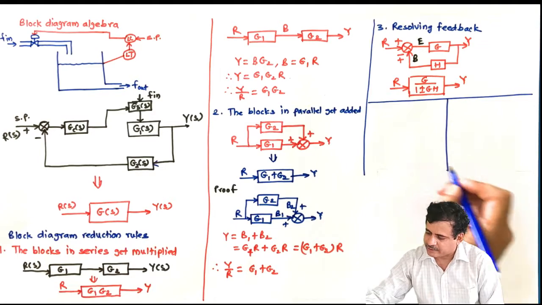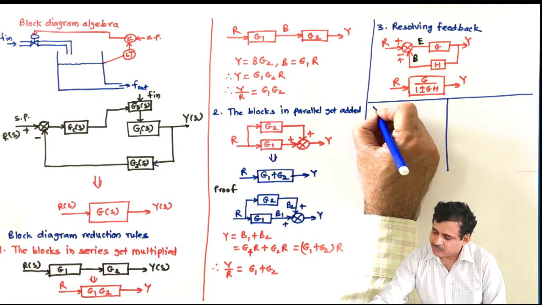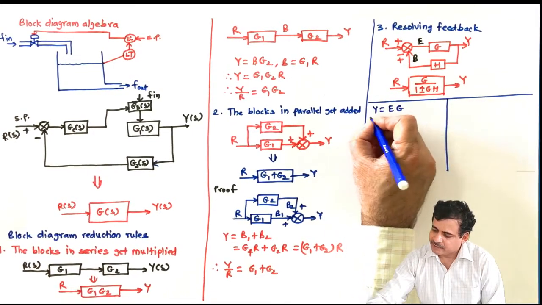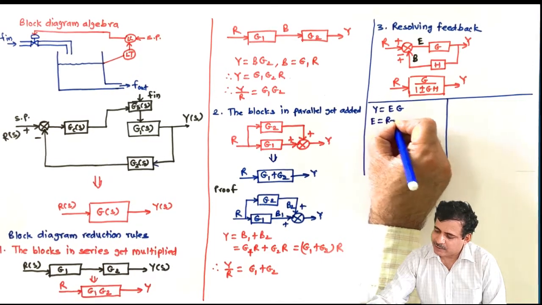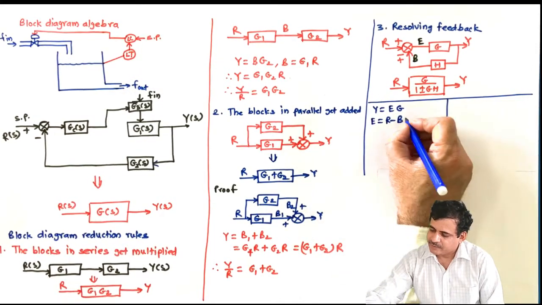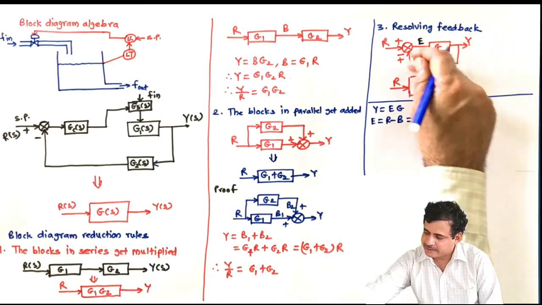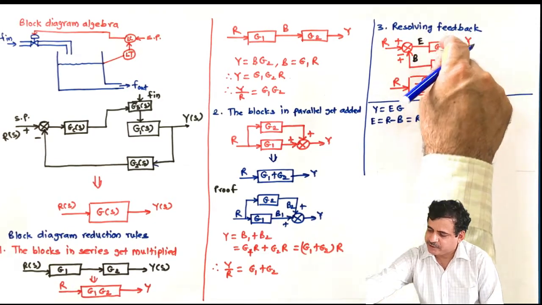For negative feedback, y is equal to EG, correct? E is equal to R minus B, which is equal to R minus EGH, because this B is nothing but E into G into H.